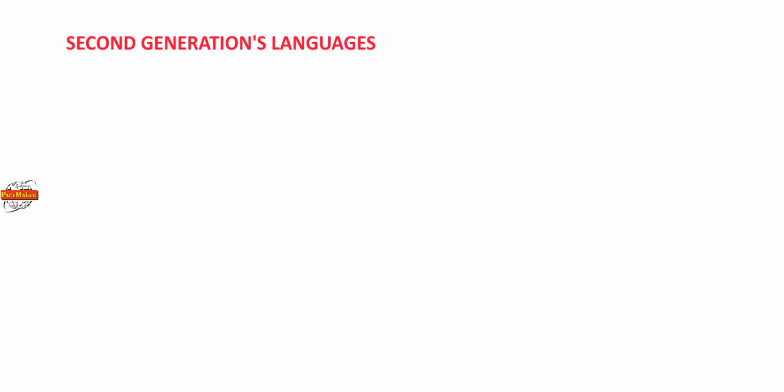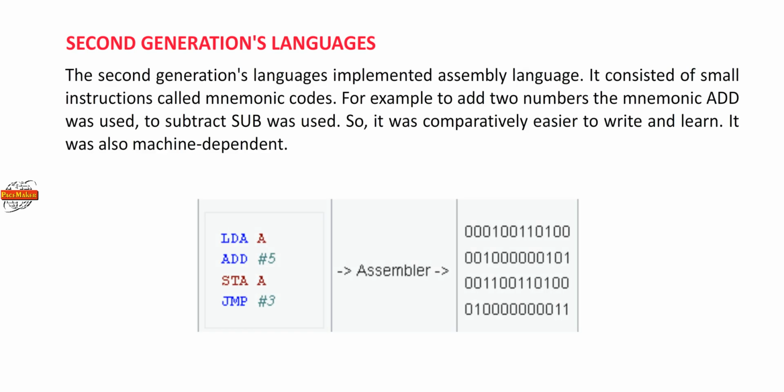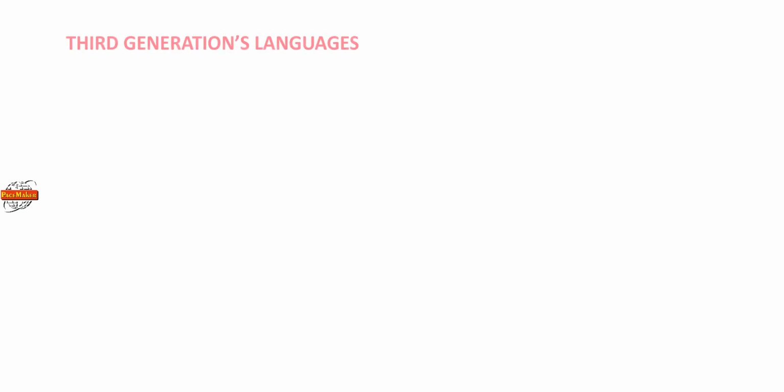Second generation languages. The second generation languages implemented assembly language, which consisted of small instructions called mnemonic codes. For example, to add two numbers, the mnemonic ADD was used. To subtract, SUB was used. So, it was comparatively easier to write and learn. It was also machine dependent.